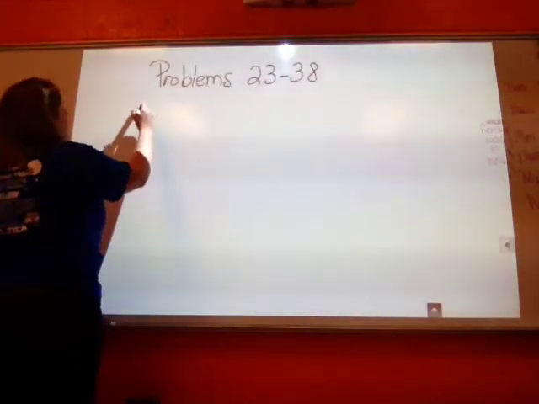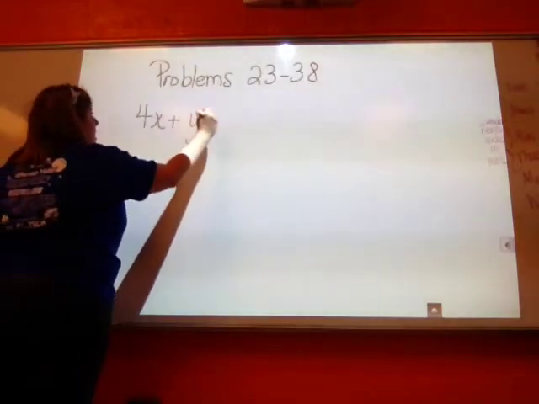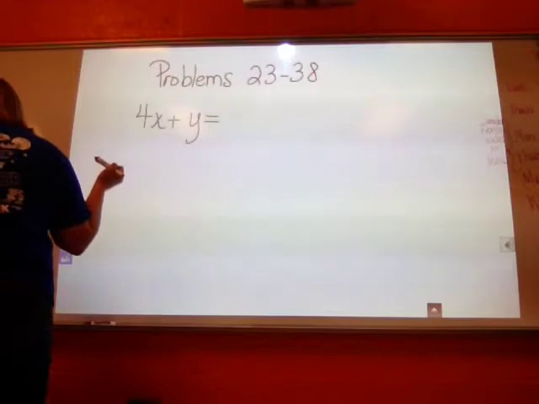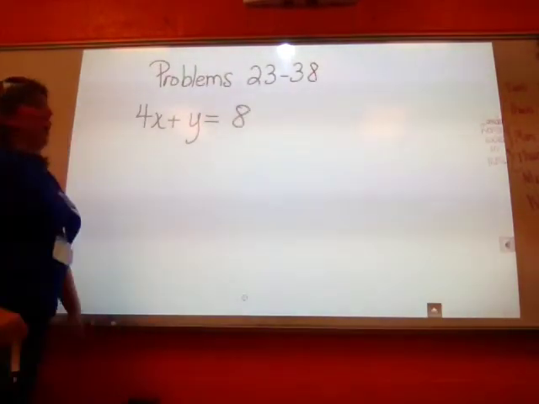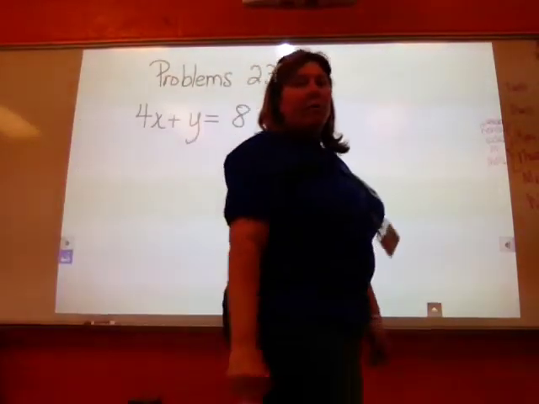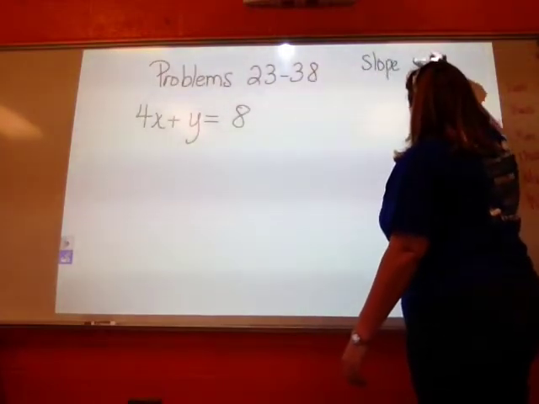So if you have an equation that looks like 4x plus y is equal to, say, 8, and they've asked you to write this in slope-intercept form, the first thing you have to remember is what slope-intercept form is.